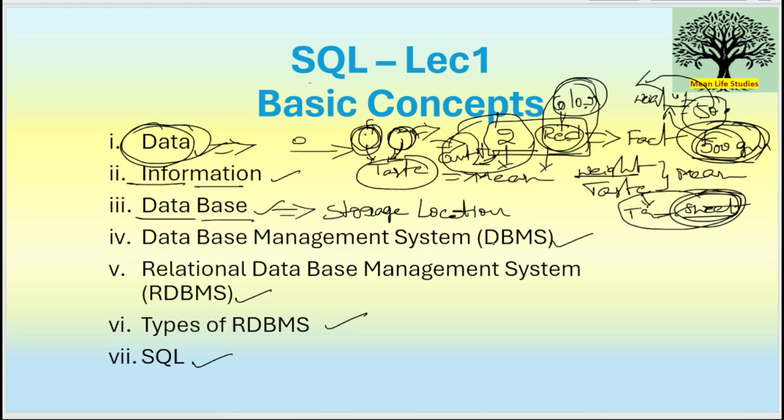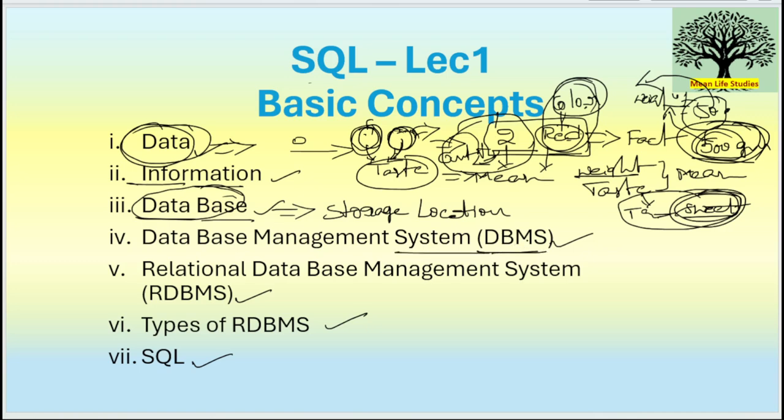Now, what is DBMS, that is, database management system? In a database, we have to store, update, and delete, whatever we want to do. All actions will be done in this database, but by using a system that is called software.